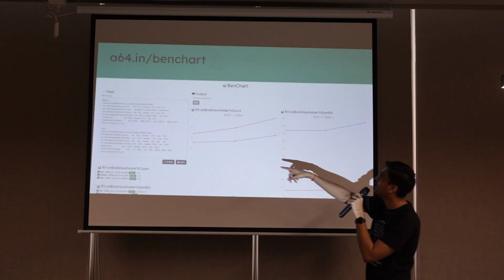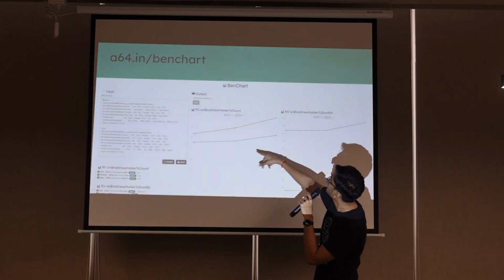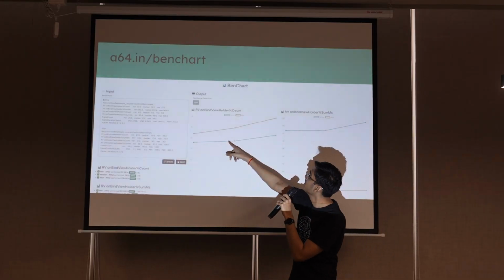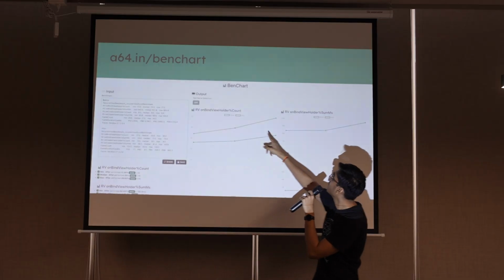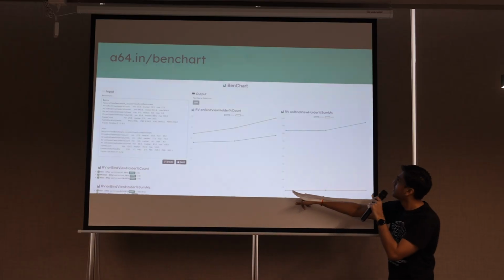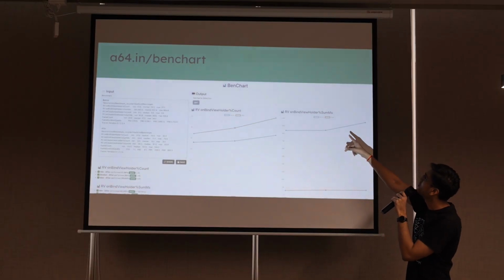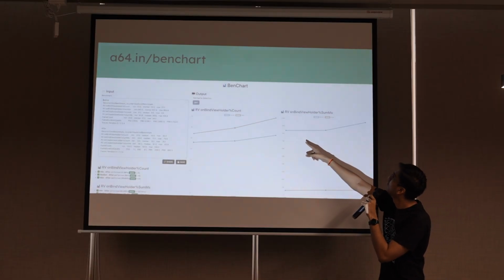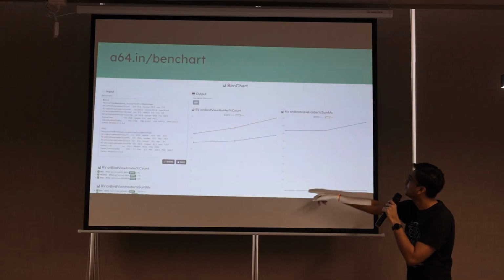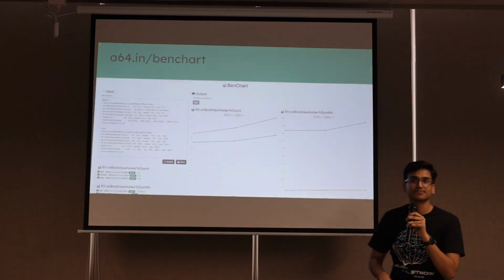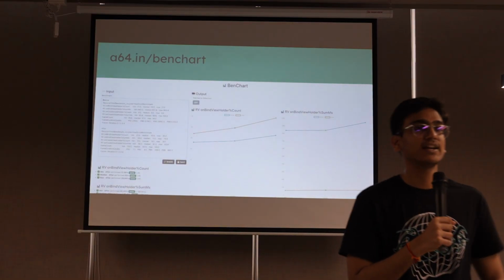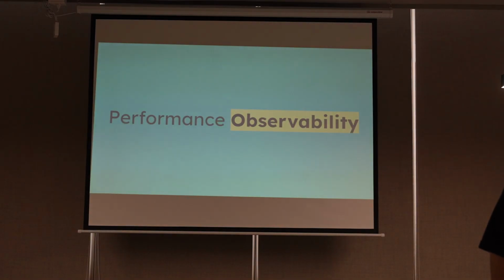For example, this blue means before and yellow means after. You can see that this is count, so count obviously increases, but if you see the overall rendering time, before it was taking this much time, and after it was just very fast. So these tools can help you visualize whether you are doing correct or wrong.